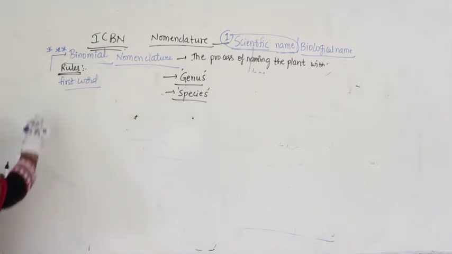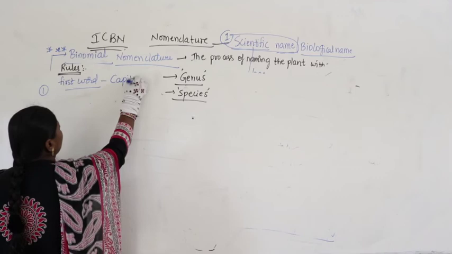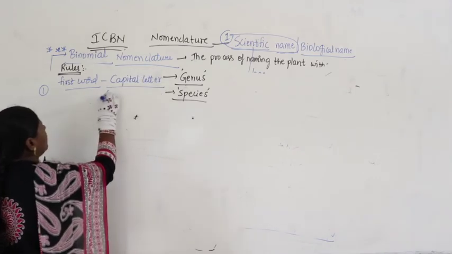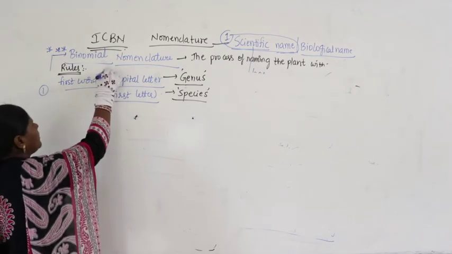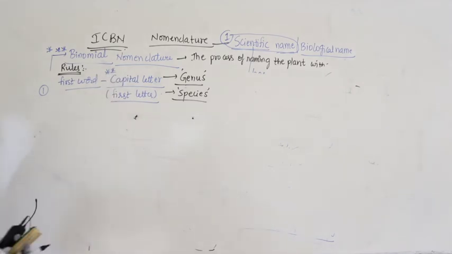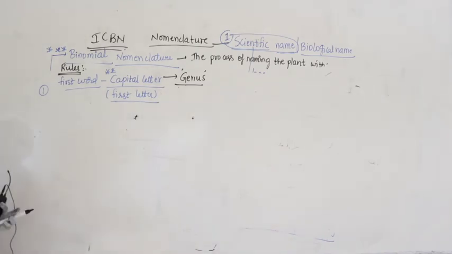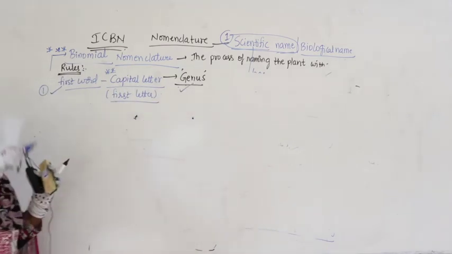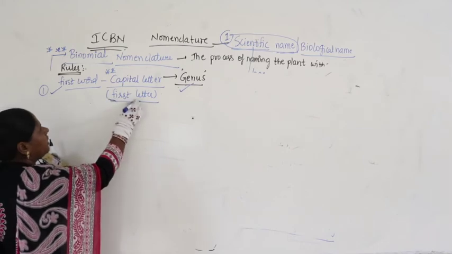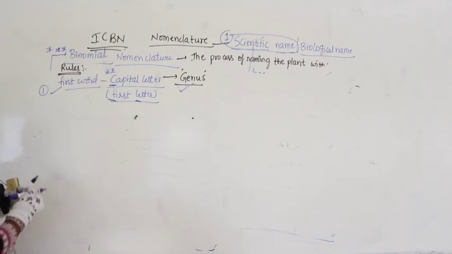Remember, the first rule is that the first letter of the first word must always be a capital letter. We are discussing the rules and regulations of binomial nomenclature. The first word is called genus, and in the genus the first letter should always be capital.